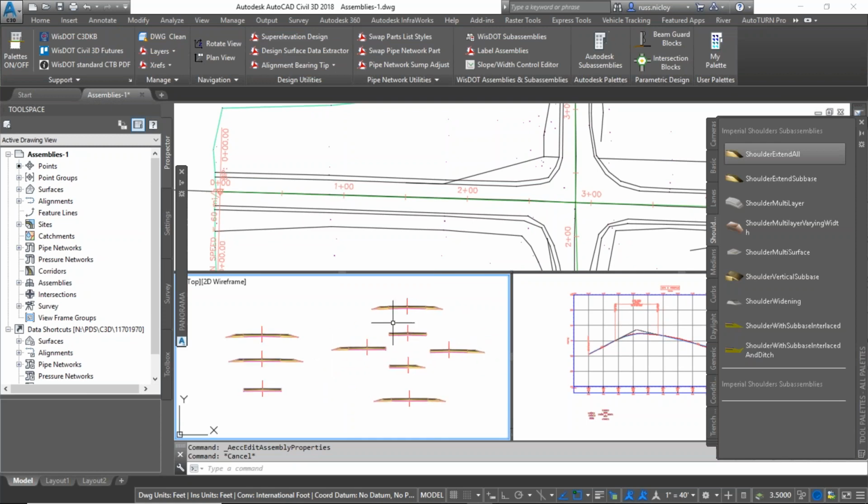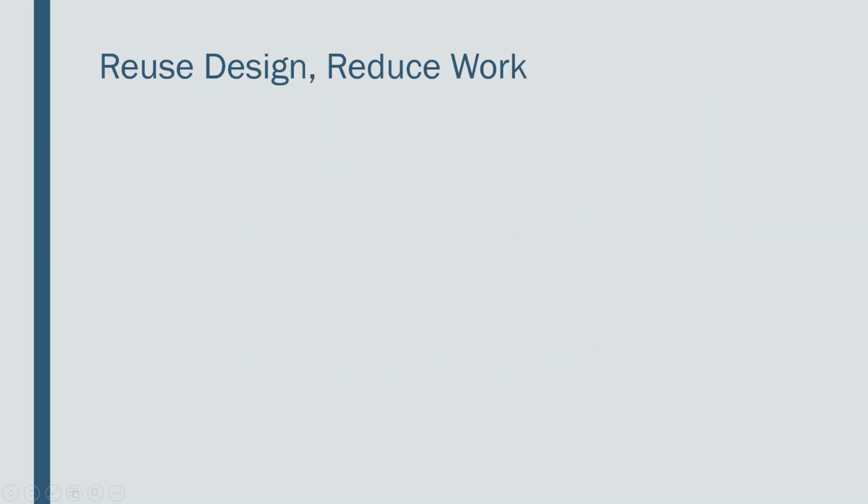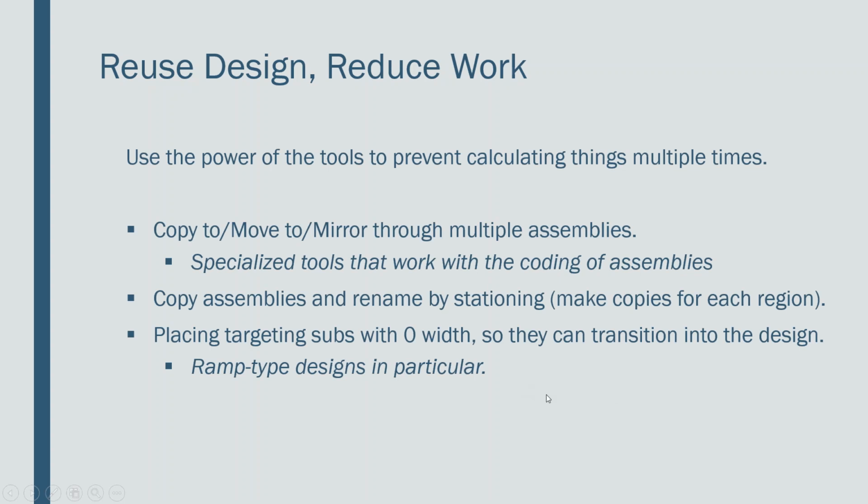And I will back up a little bit because there's some other assemblies here that we're going to look at in a second. But I'm going to pop back over here and let's go in and take a look at the reuse, design, and reducing work. As I mentioned, this is where you can move information from one assembly to another or different parts of an assembly so that you don't have to keep recreating it.